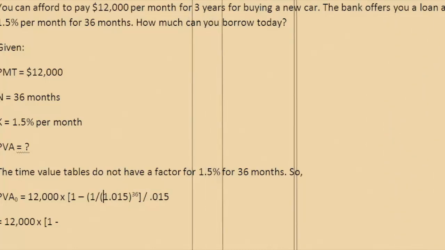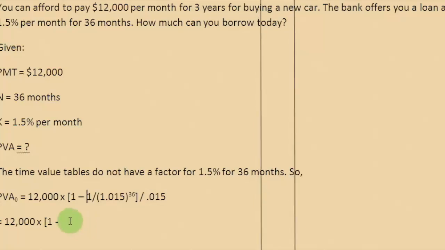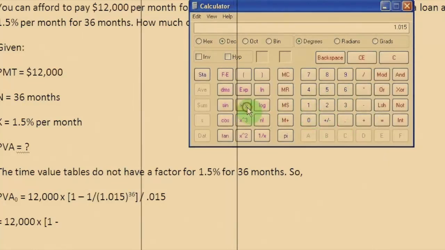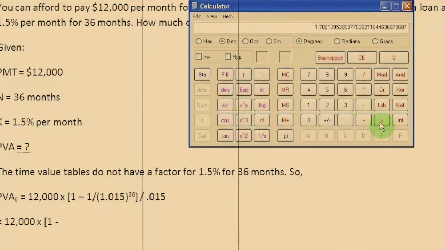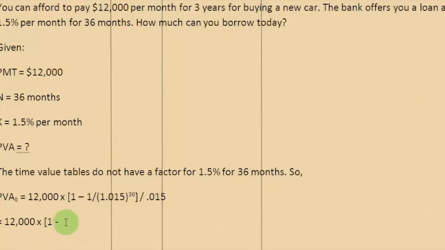Let me put this thing in bracket and write it like this so that it is easier to understand. Now let me do this thing: 1.015, and let me raise this thing to the power of 36, and what I get is 1.7091. So let me write it here because I don't want to forget it later.